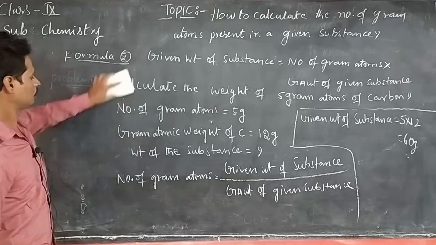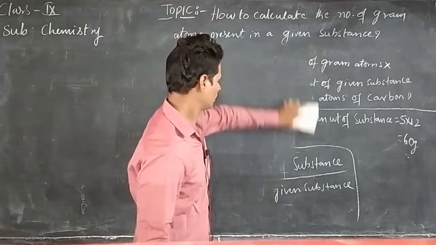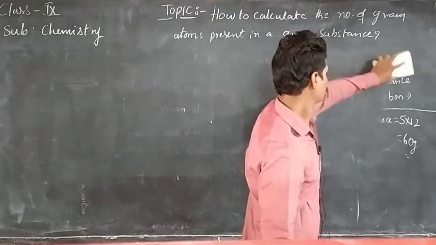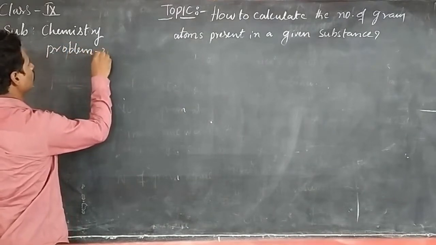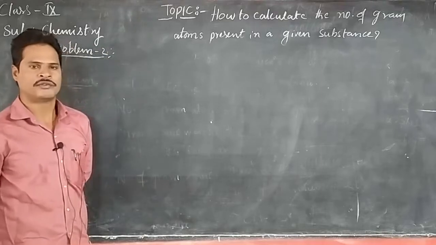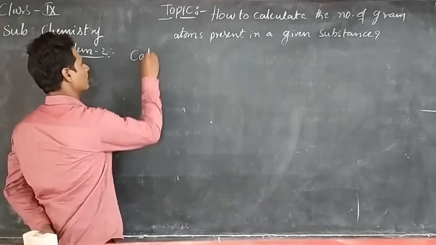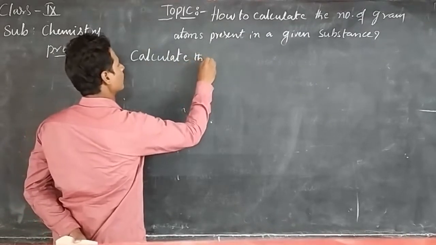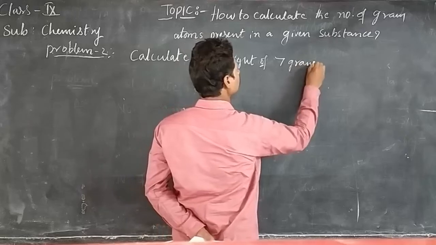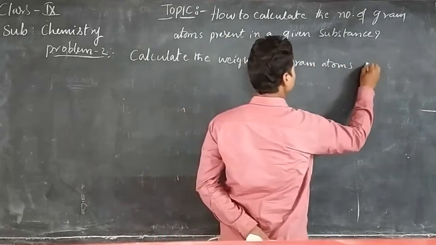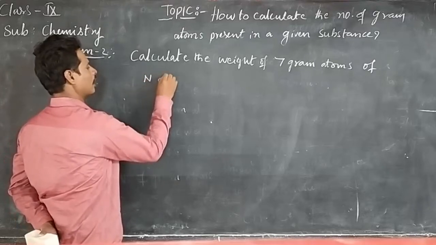Next, problem 2: calculate the weight of 7 gram atoms of nitrogen.